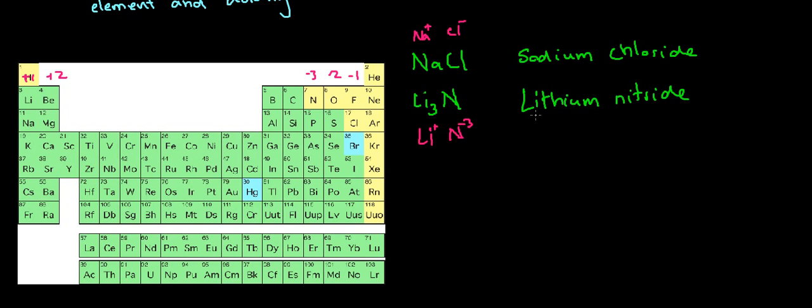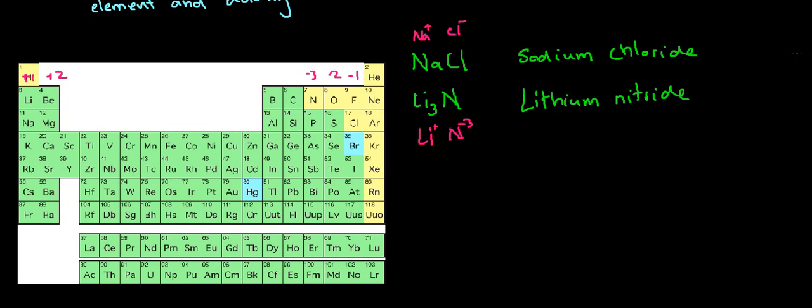Now, it's good to notice that in the name there is no indication of how many lithiums there are and how many nitrogens. That is because the charge of lithium and the charge of nitrogen are known. They are +1 and -3. So when I look at this, I already know that there are going to be 3 lithiums to 1 nitrogen because of the charge difference, because these are going to be neutrally charged.